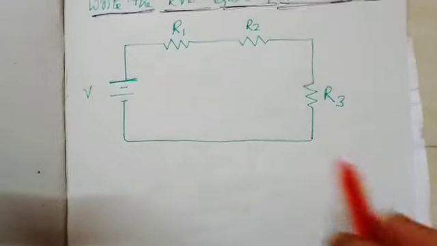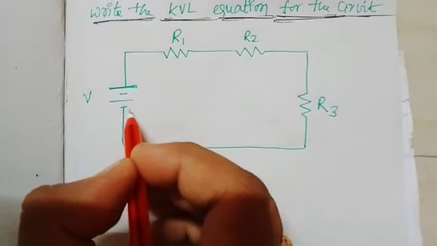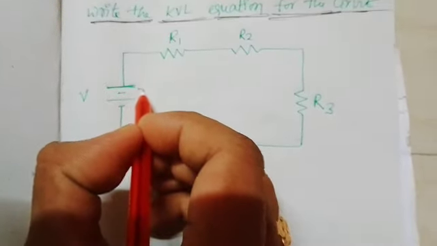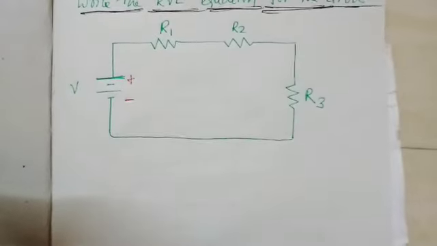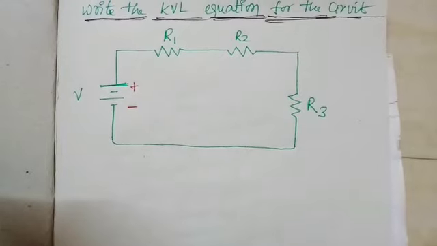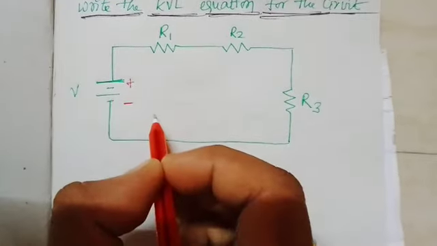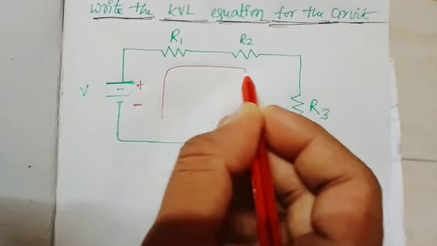So the first step is to identify the sources available in the given circuit. There is a DC voltage source. I will denote the positive and negative terminals of the battery, right? After the identification, we are supposed to assign the current direction in the loop.